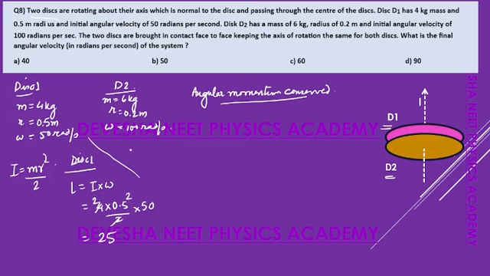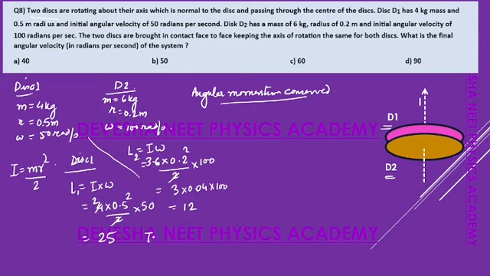What about the second disk? Again L is equal to I omega. If this is L1, this is L2. I again is mr square by 2. The mass is 6, R square is 0.2 whole square, divided by 2, into 100, which is omega. So this becomes 3 into 0.04 into 100, which is 300 into 0.04, and this becomes 12.